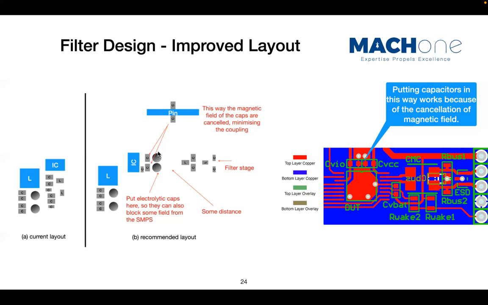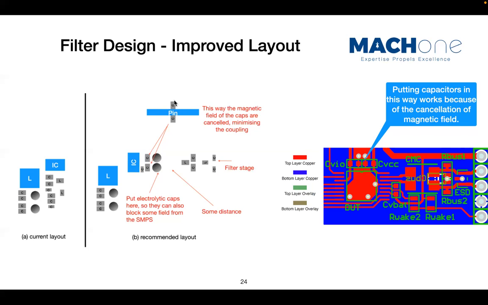We also provide what we call a field cancellation scheme, right? The field cancellation scheme is that you place the capacitors head to head. If I give it a close view, this is your power trace, and then your ground plane is underneath it.